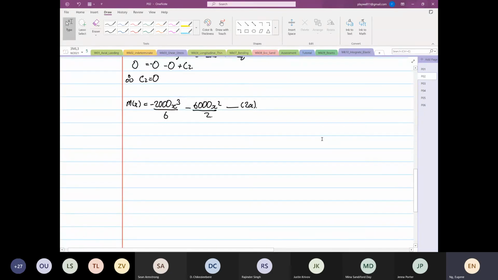You can now sketch. Okay, so we're going to sketch our shear force and bending moment equation. So this is your x distance. Okay, so you have 0.